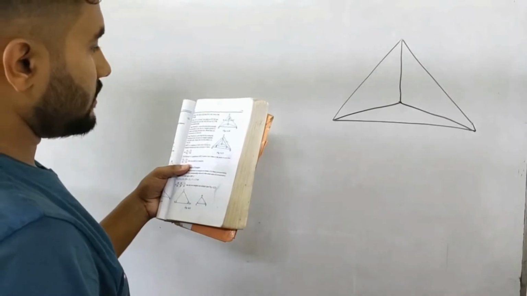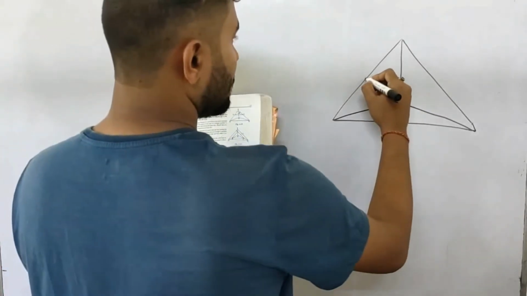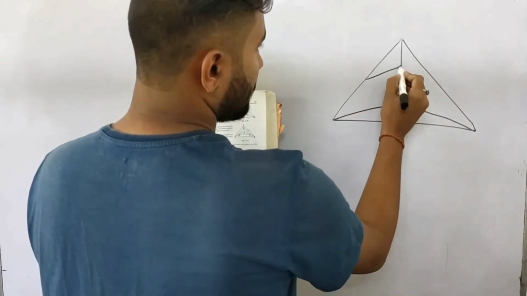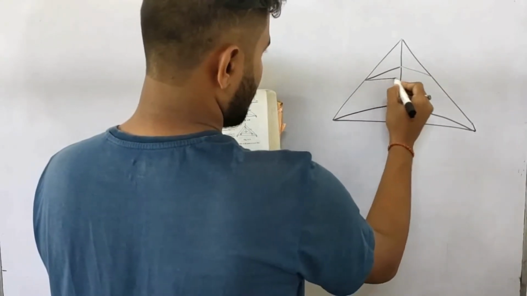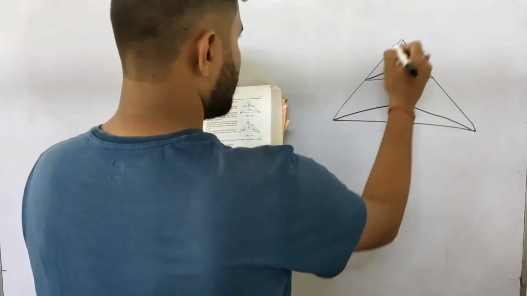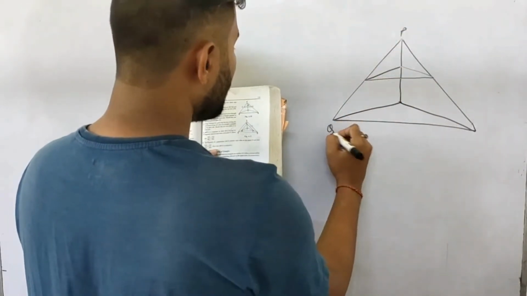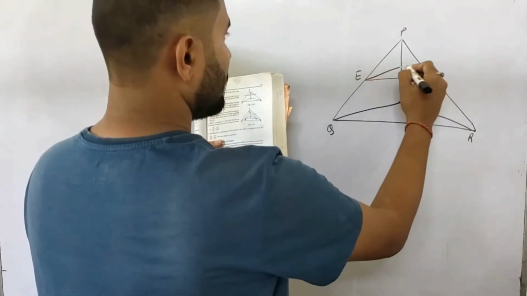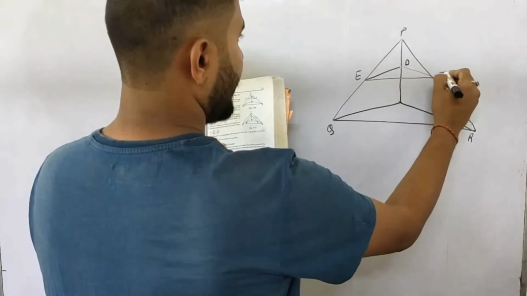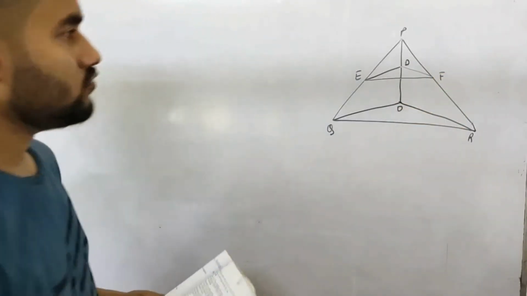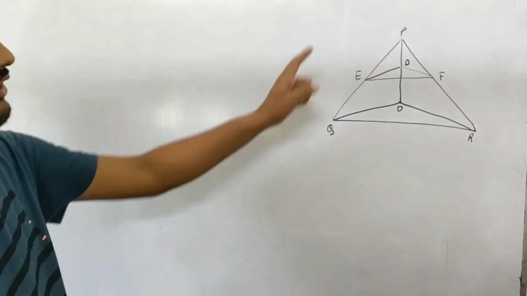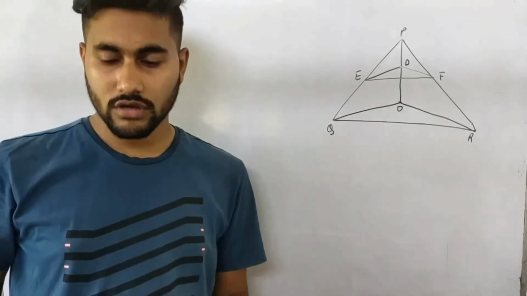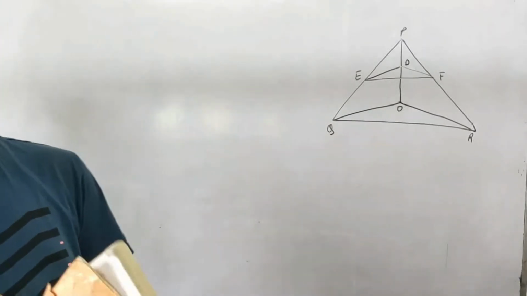So this is P, this is Q, this is R, and this is E, D, F, and O. Over here also the question pattern is the same. You only have to find the triangle in which the parallel lies, and then use the Thales theorem.